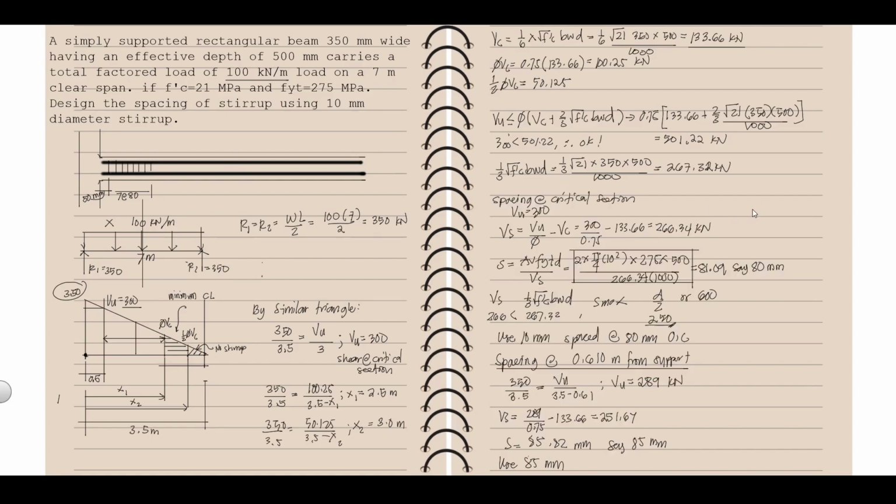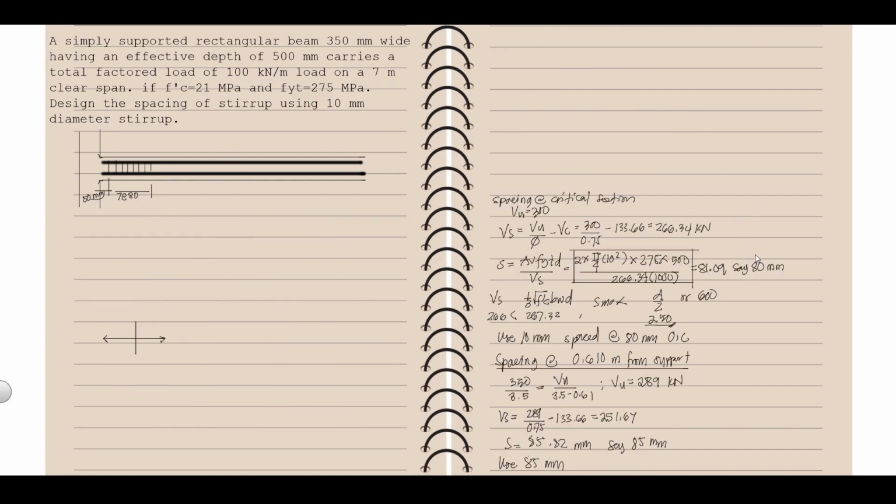So, that is, okay, ilang 0.85? So, let's say 10. Compute natin. 0.085 times 10. So, 0.85 plus 0.610. 1.46.